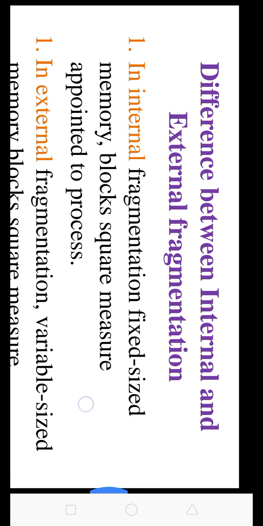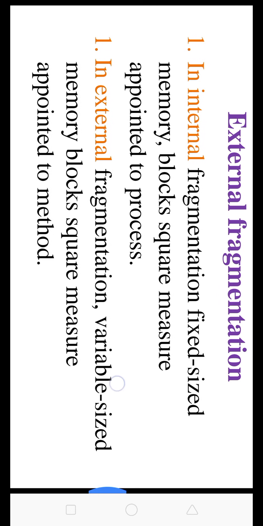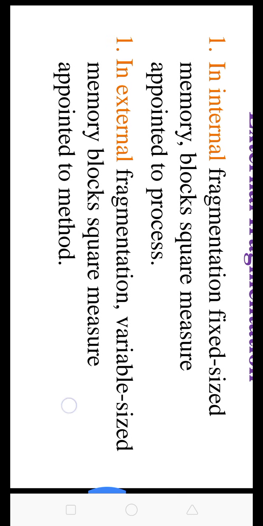Now we will see the difference between internal and external fragmentation. The first difference is that in internal fragmentation, fixed size memory blocks are assigned to the processes. In external fragmentation, variable sized memory blocks are assigned to the process.